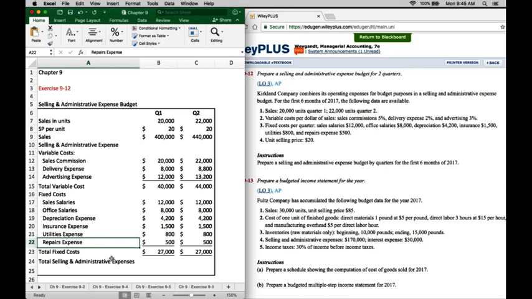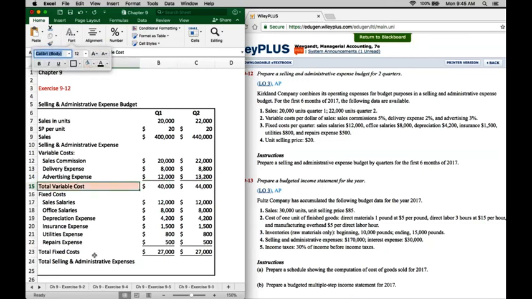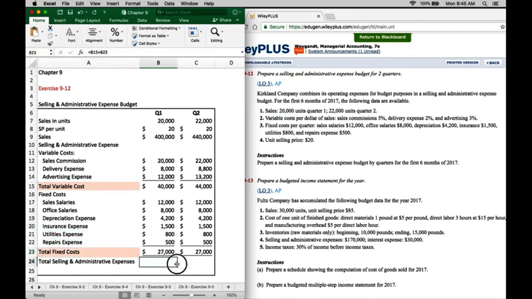Now we are finally ready to add up the variable cost and the fixed cost in order to come up with our final numbers, which is 67,000 for the first quarter and 71,000 for the second quarter.